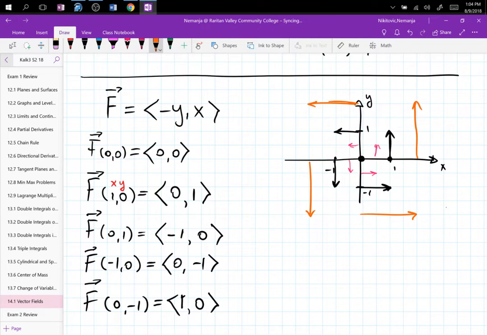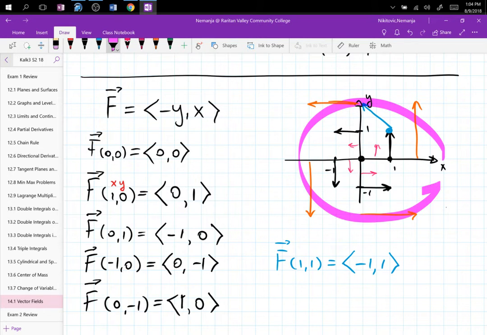Now, if you go off these axes calculations and you go to any point in between, let's go with the blue one, let's say you have f(1, 1). f(1, 1) will give you (negative 1, 1). f(1, 1) is right here. Negative 1 on x, positive 1 on y looks like that. I hope you guys see this from these vectors.